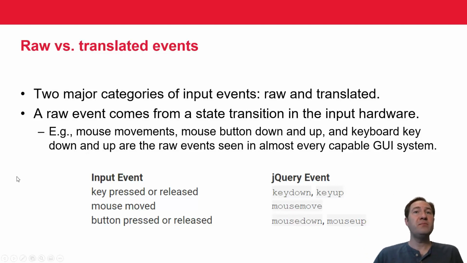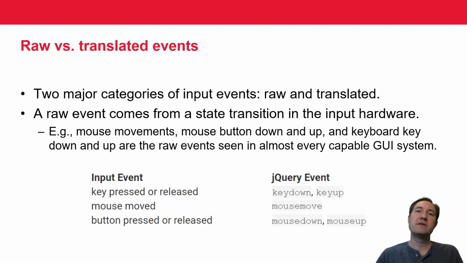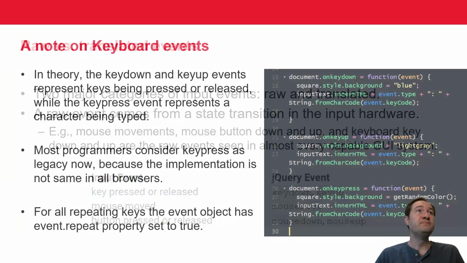And if we look in jQuery, we can translate them to the specific raw events of what happened in the input. The key down on your keyboard, when you let go of it, that's a key up. The change in position of the mouse, mouse down, mouse up, those are all raw events that we can consider and we can listen for.